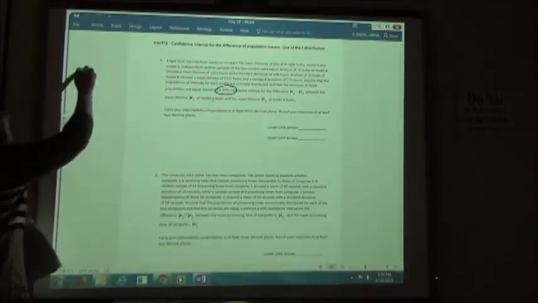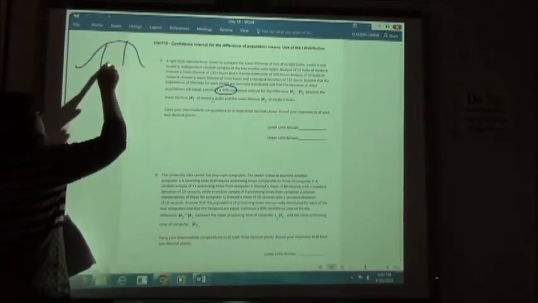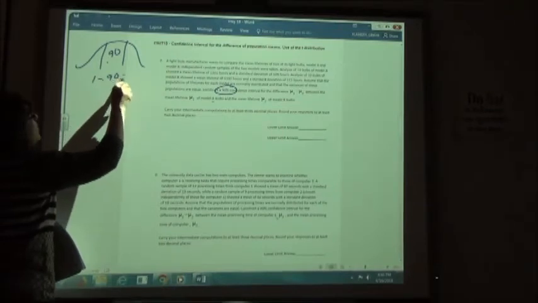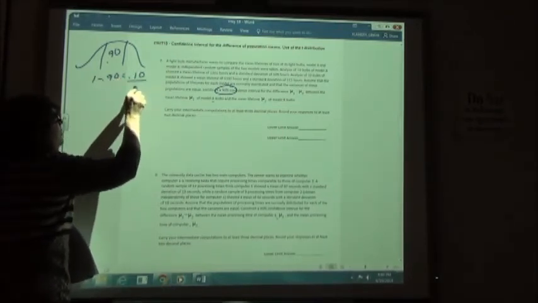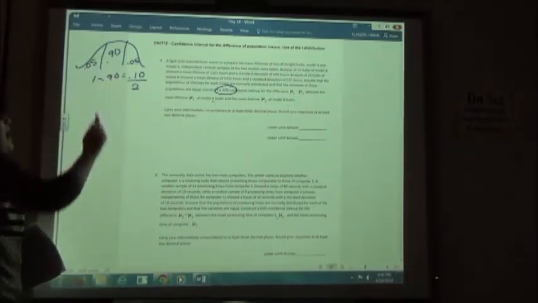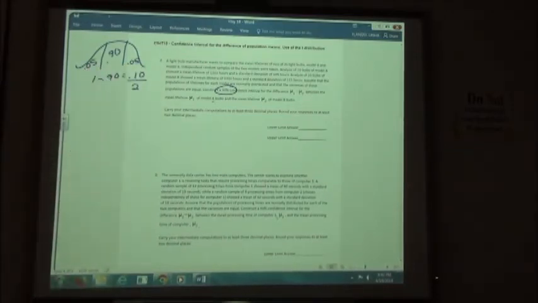So if the middle part is 90%, that means 1 minus 90% would be 10%. 10% divided by 2 means each of those little sections are going to be 5%. So when it was 95%, we used 0.025. For a 90%, we use 0.05.